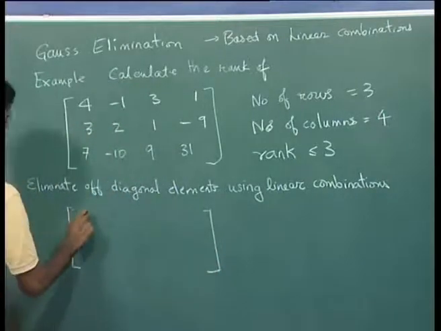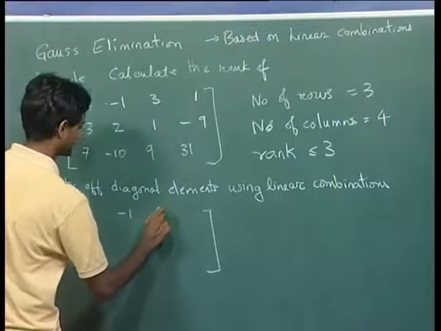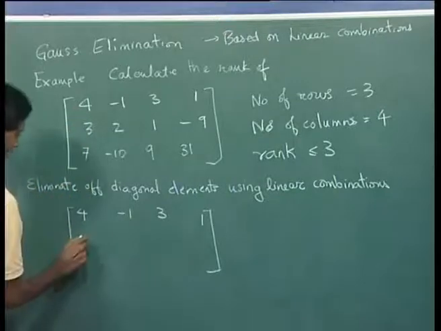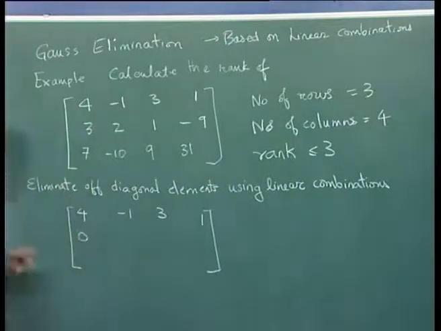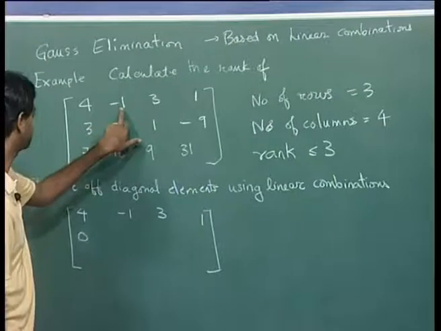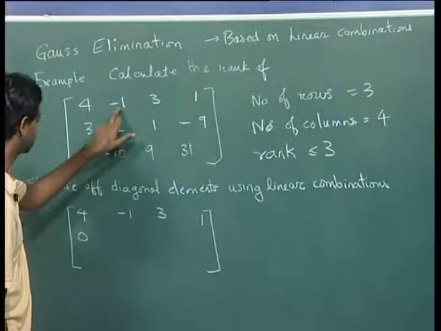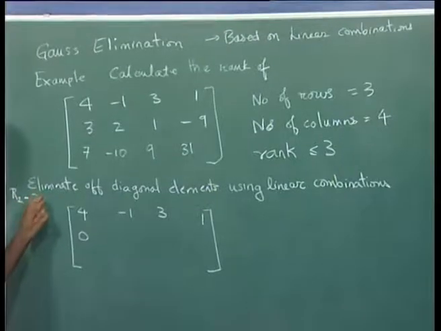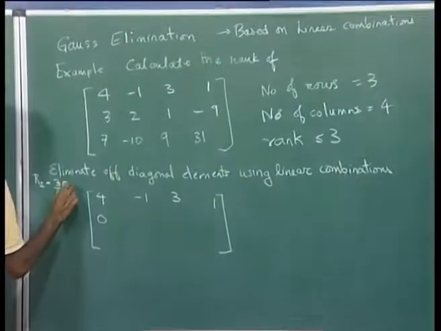If you do that, the first row remains as it is, you don't do anything to it. If I subtract 3/4 of the first row, I'll get rid of this element. So I'll call this R2 minus 3/4 R1.